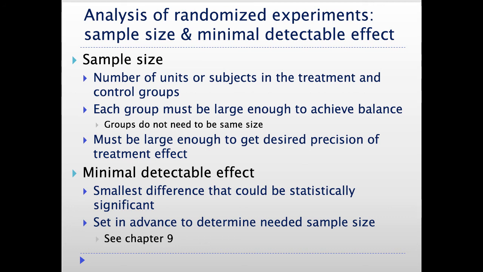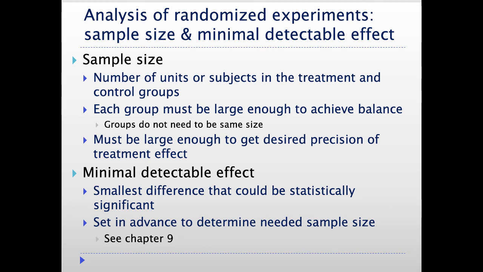One thing you don't need that confuses students is you don't need the groups to be the same size. Students are often very concerned of like, oh, look, the control group, it's 3 times as large as the treatment group, then you can't make a comparison. No, that's wrong. Remember, you're comparing averages, like means or proportions.